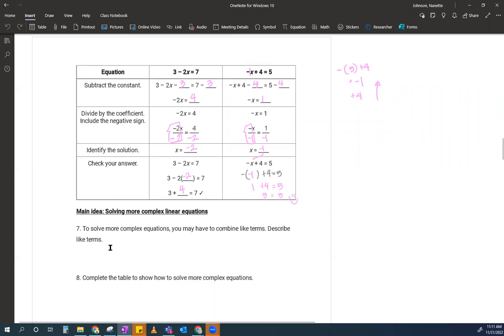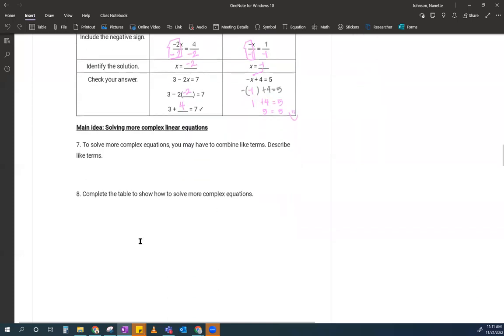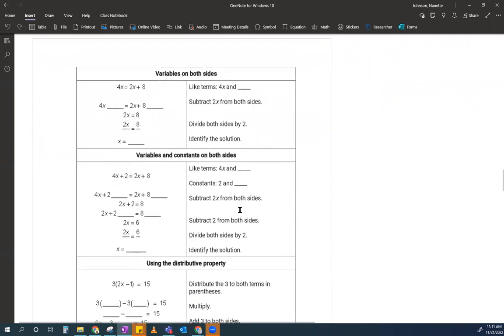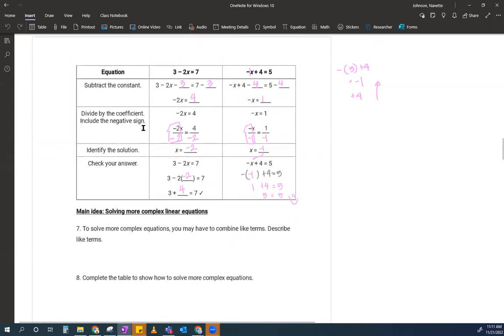Okay. To solve more complex equations, you may have to simplify or combine like terms first. So complete the table to show how to solve more complex equations. Okay, so when we have variables on both sides, what you want to do is get to the place where you have variable equals a number.